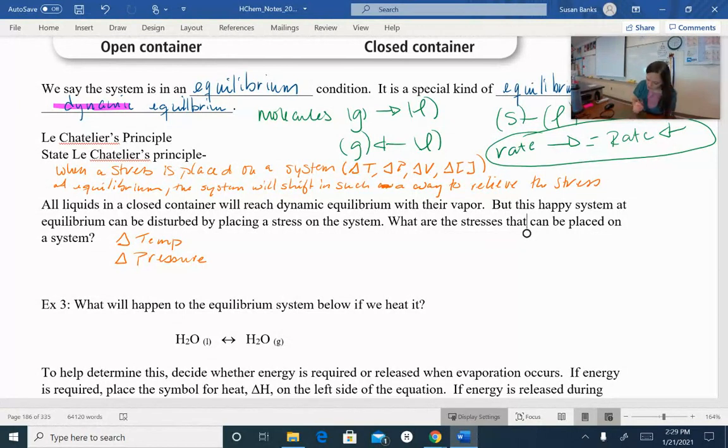If it's not a solid, rigid container, we can change the volume. We can even change the concentration of products or reactants, okay?